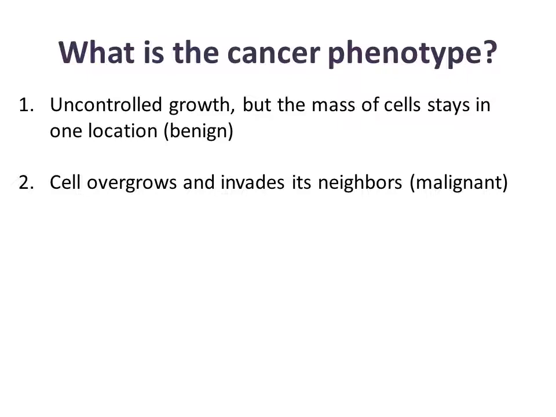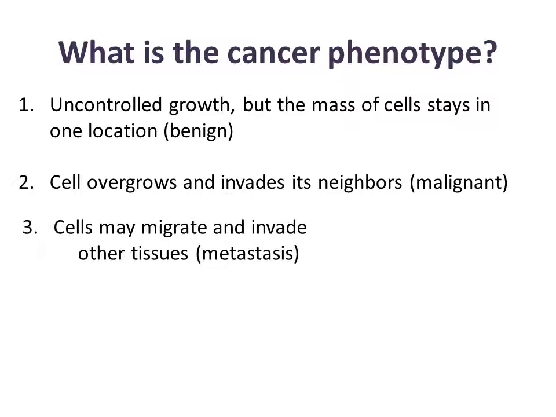However, over time, as more and more mutations accumulate, that cell will begin to overgrow the surrounding tissues and begin to invade its neighbors. At that point, it's considered malignant. It becomes a little bit more challenging to actually remove that, and it's now considered a cancer. Once cells begin to migrate and invade other tissues, it's considered metastatic.